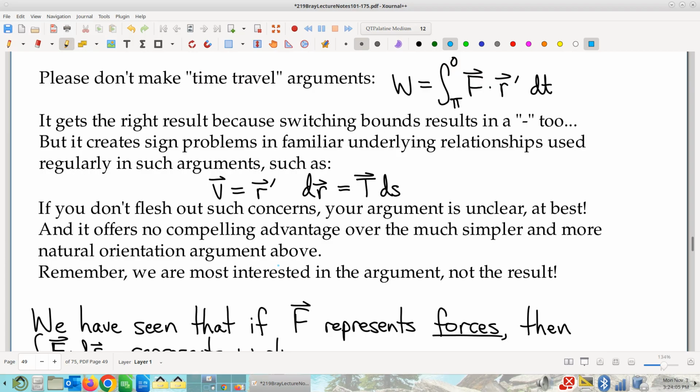So, for example, here's an easy one to notice: no longer true. If you use the same parameterization but just switch your bounds, same parameterization means that R prime has not changed. R prime is still pointing counterclockwise. But your velocity is not. Your actual velocity, because you switch the bounds, is clockwise. You are, in fact, actually going clockwise. So these are not the same anymore.